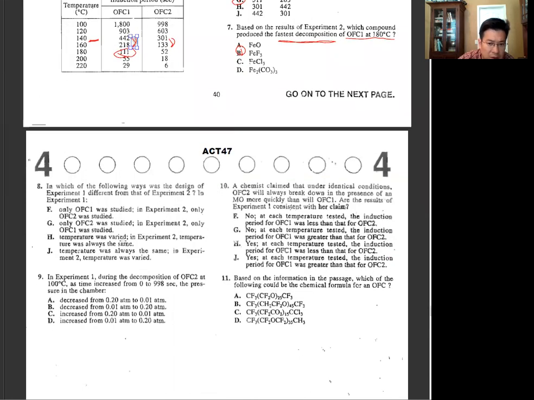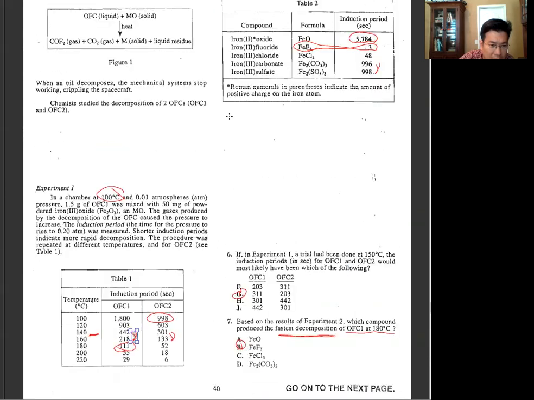So temperature, which is H. And the experiment during the period of OFC2 at 100: 100 is 998. So chamber, atom.